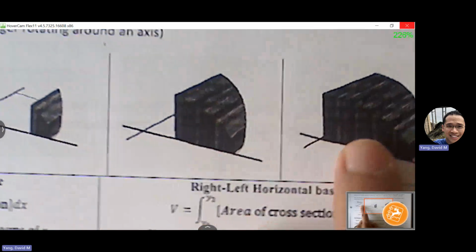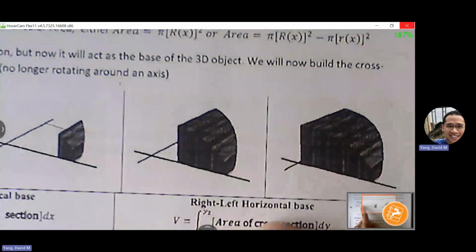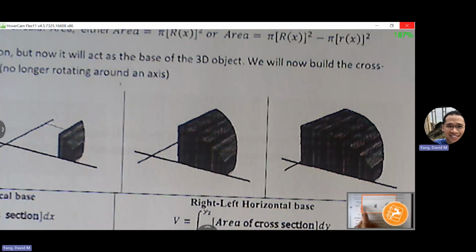Okay, it's hard to describe what this object is. It's not really a true geometric shape like a cone or a cylinder. It's just some object that has a square cross section over the interval from one bound to the other.